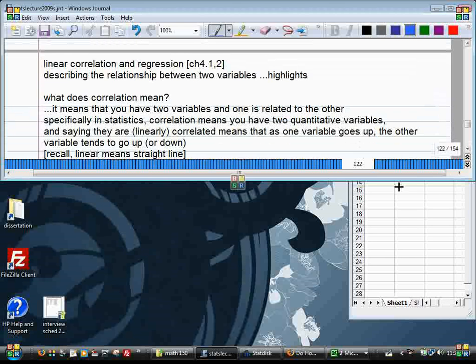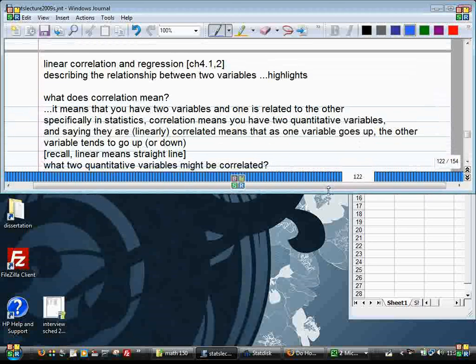So can you guys give me an example of two things that you could measure that might be correlated? As one of them goes up, the other one goes up, or it goes down. There you go, perfect.